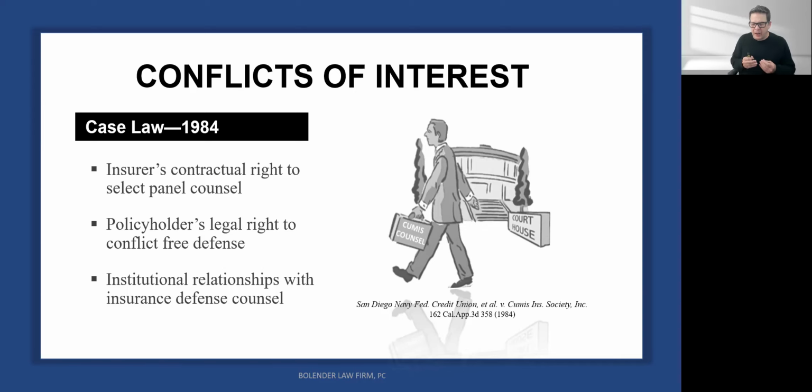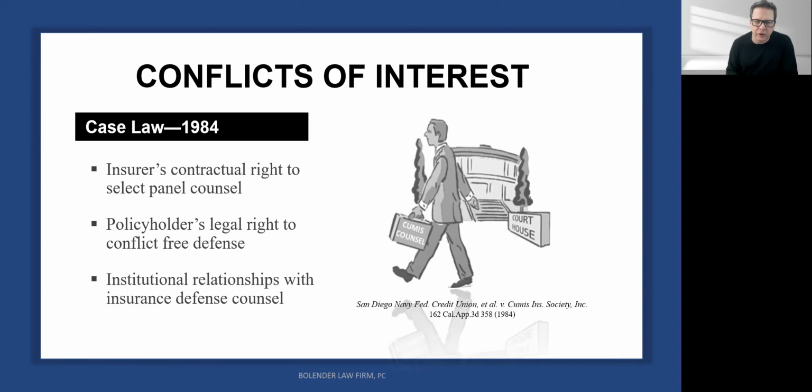That basic paradigm, intent versus neglect, is the prime example of what has come to be known as a steerable issue. A steerable issue is one that can be steered away from coverage by the manner in which defense counsel litigates the case.